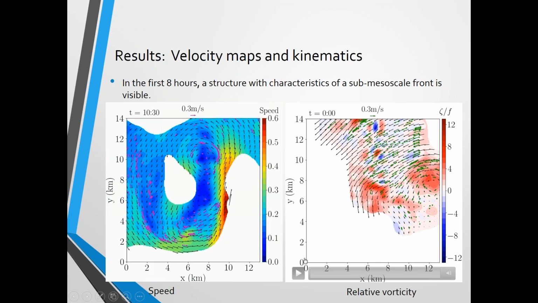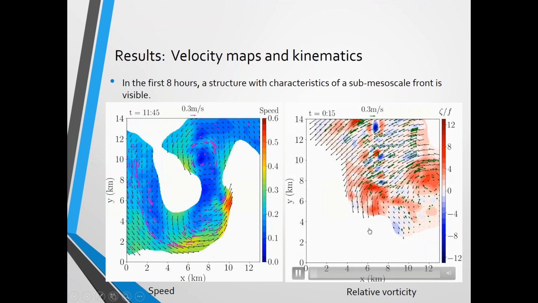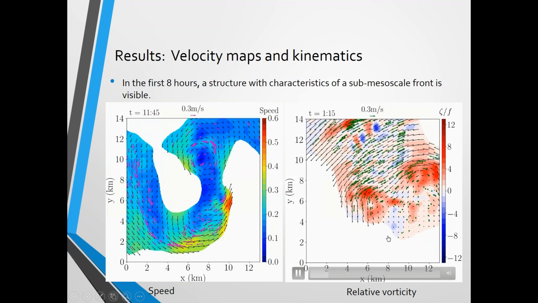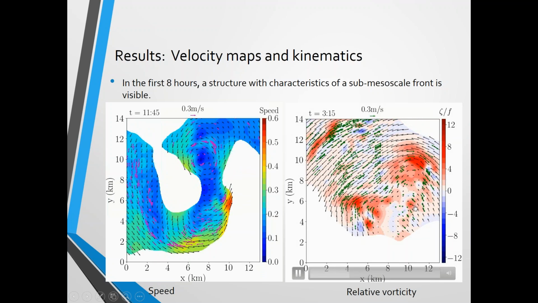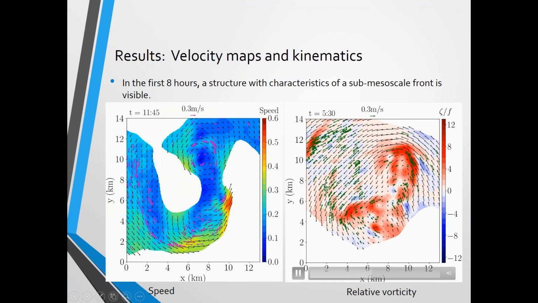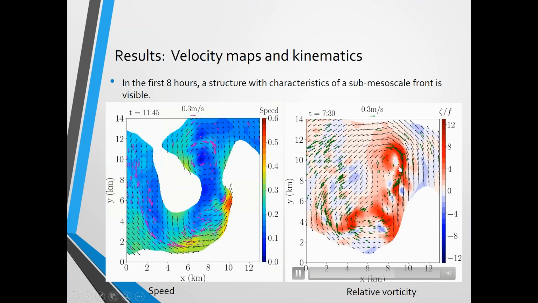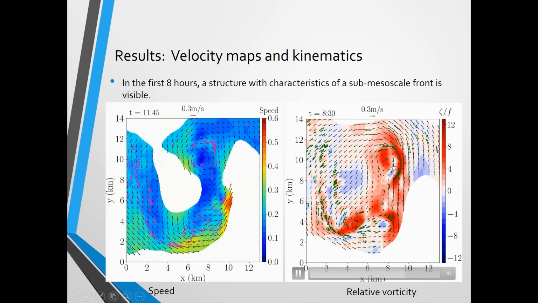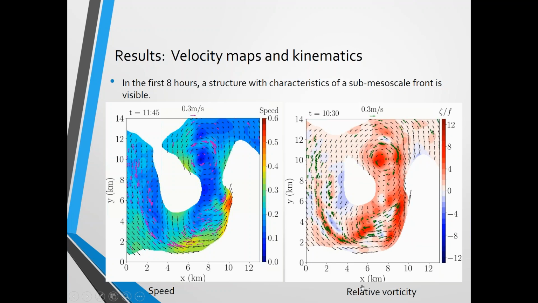And on the relative vorticity, you can see red as a strong cyclonic vorticity reaching 10 times the planetary vorticity. And you see as the drifters align, that relative vorticity intensifies. And once it breaks, you see a little spot with very intense relative vorticity.